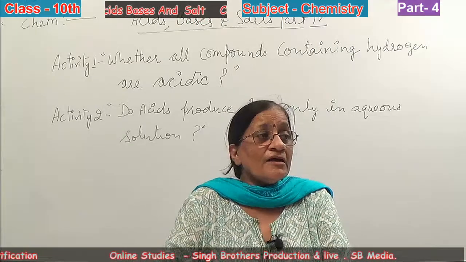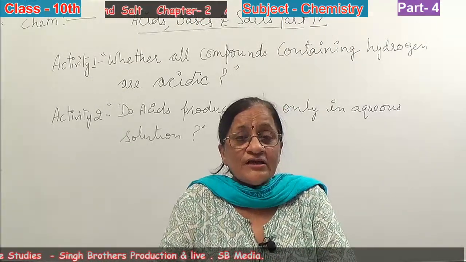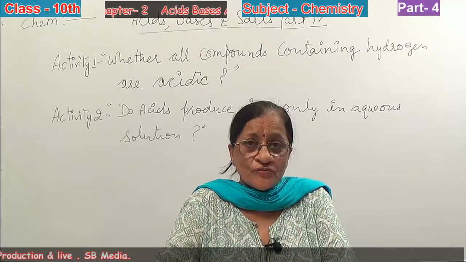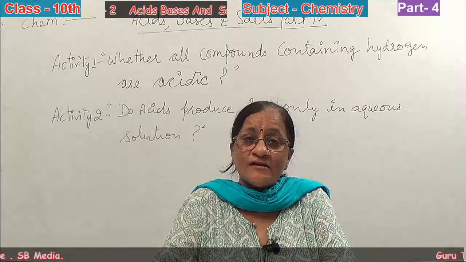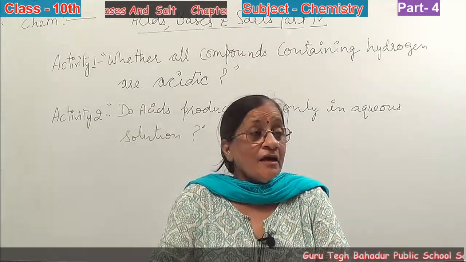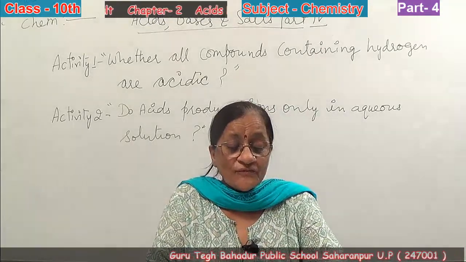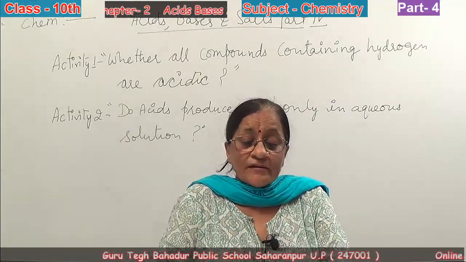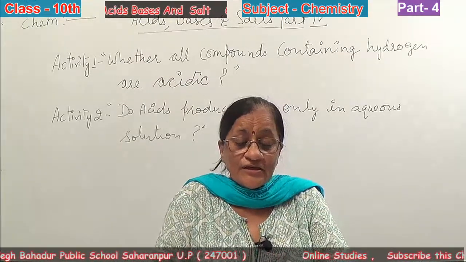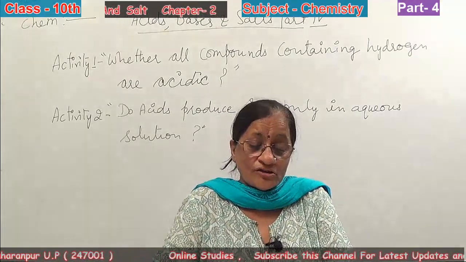2.8. It is given in the activity that we take solutions of sulfuric acid H2SO4, hydrochloric acid HCl, glucose C6H12O6 and alcohol, for example ethyl alcohol C2H5OH, and check whether they conduct electricity on passing electric current or not.